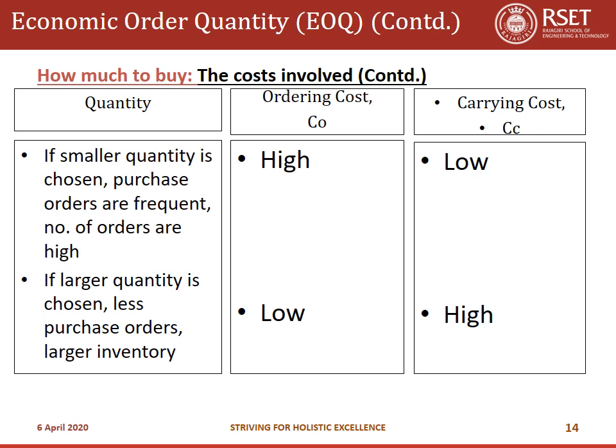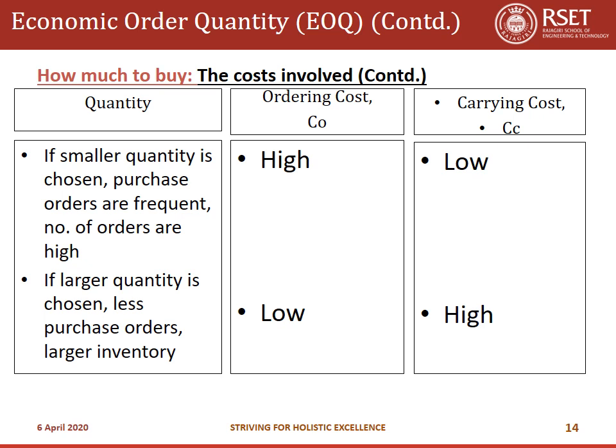At the same time, if a larger quantity is chosen, then the ordering cost would be less because the number of orders sent would be lesser. If you are purchasing 100 units at one single time, then ordering cost would be going only once.